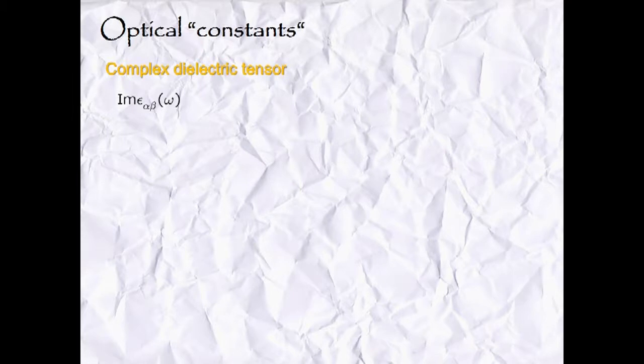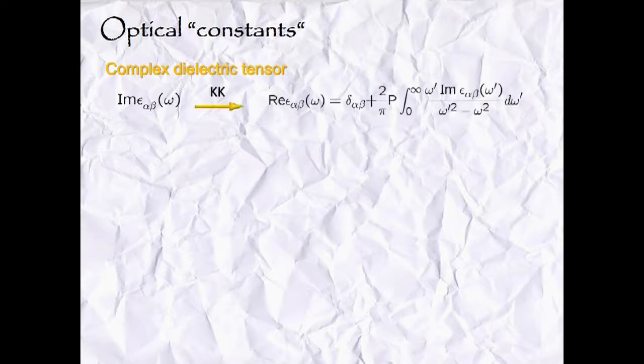So, what about other optical constants? The dielectric function, or the imaginary part of the dielectric function, is typically the object that we compute, but we may be interested in all the other optical constants. Of course, nothing of this is constant because everything here depends on the frequency. But anyway, having the imaginary part of epsilon, we can get to the real part by Kramers-Kronig transform, for instance, or we can also compute it directly.